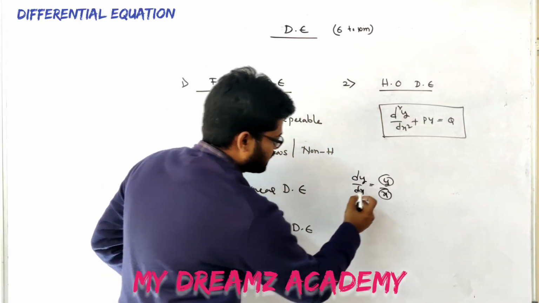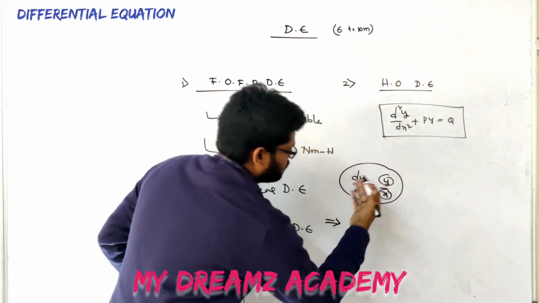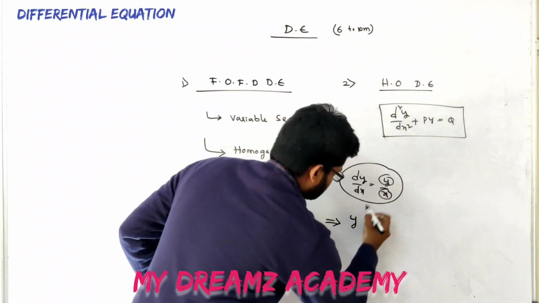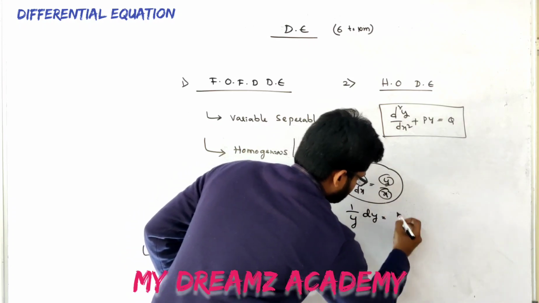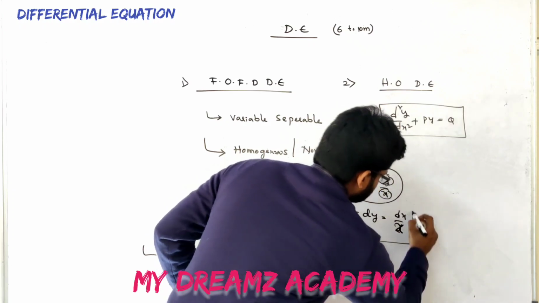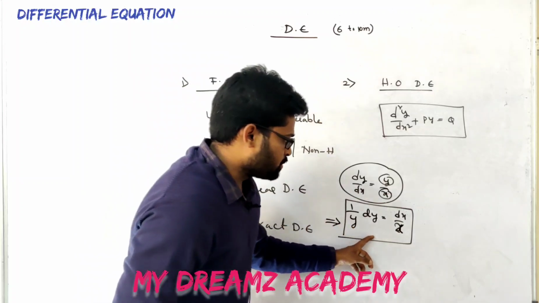Now for the variable separable method, we'll see whether the given equation is converting into variable separable form or not. Here, 1 by y dy equals dx by x. Yes, it is converting into variable separable form.